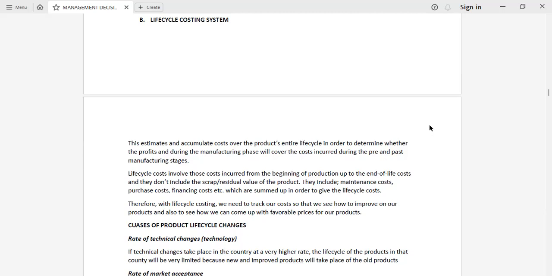So we normally have a manufacturing phase, a growth stage, a maturity stage, and then the decline stage.